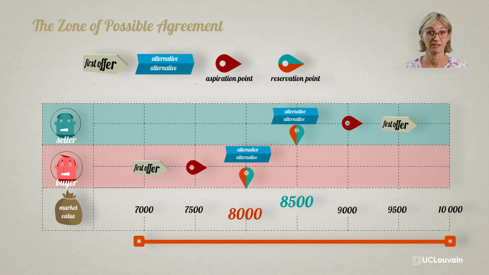Not knowing the limits of their counterpart, they are therefore unable to know whether they are working in a system with a positive ZOPA, where an agreement is in fact possible, or in a system with a negative ZOPA, which is de facto doomed to failure.